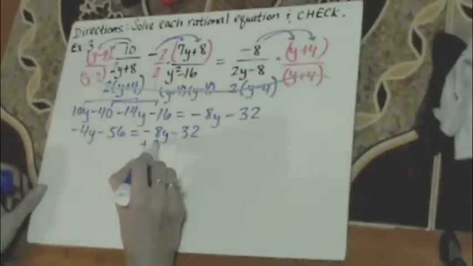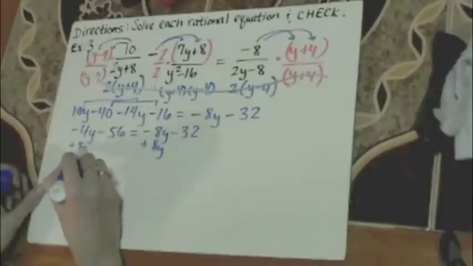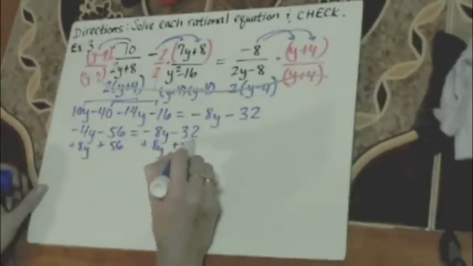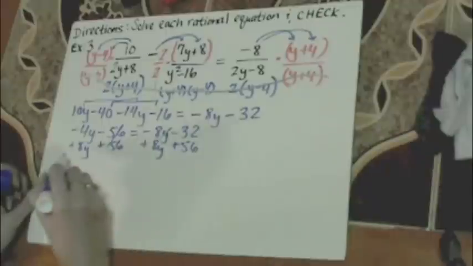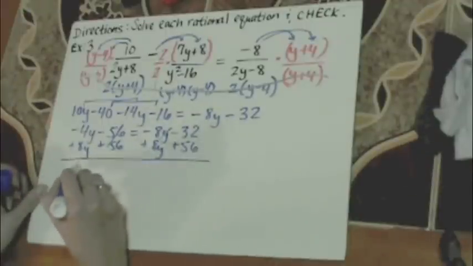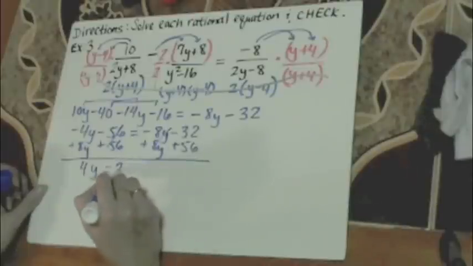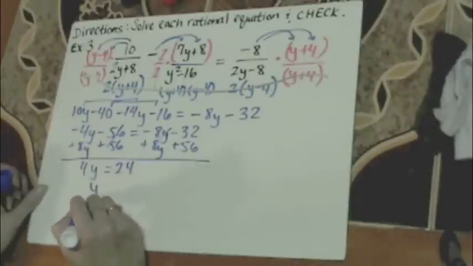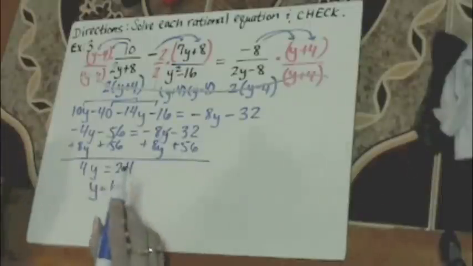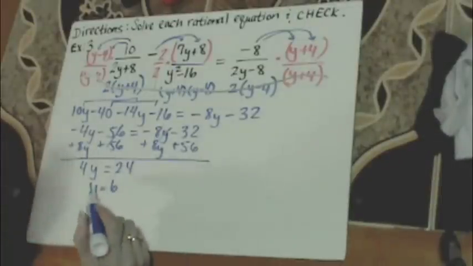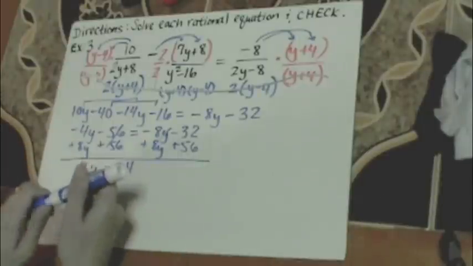So we're going to add 8y to both sides and add 56 to both sides. This is gone and this is gone, and then I have 4y is equal to 24. And so y is equal to 6 when I divide 24 by 4. So y equals 6. So now I need to check it.